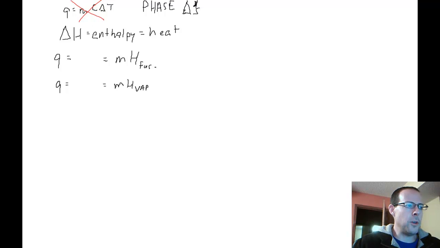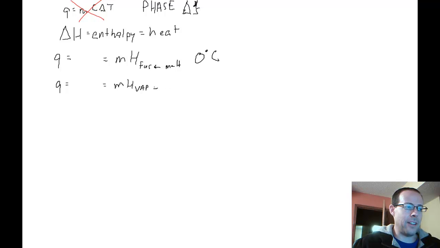Alright, so fuse is important. Fusion means to melt. Alright? So for water, this happens when the temperature is 0 degrees Celsius.